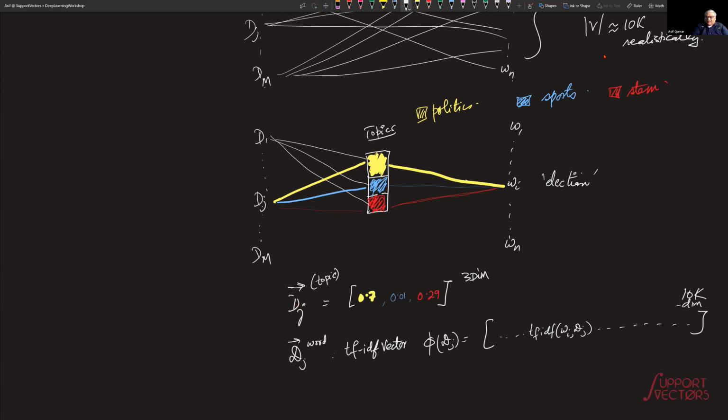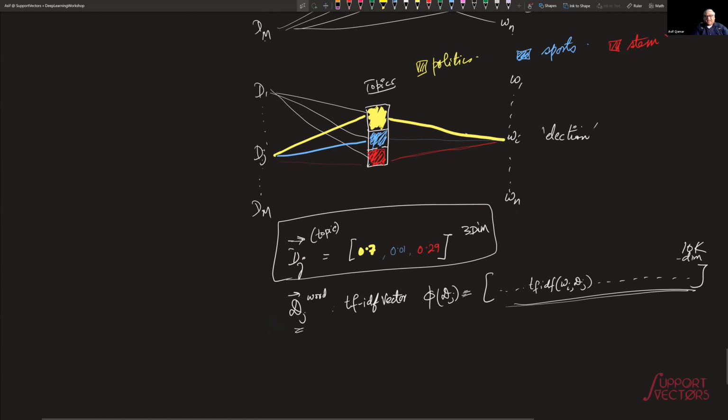Because I intend to run a little bit faster now. So far, is it obvious that this document used to be, in terms of words, this long, big, 10,000 dimensional vector? But if I were to write it in terms of topics, we are talking about a tremendous simplification. Any document I can write in terms of just three numbers.